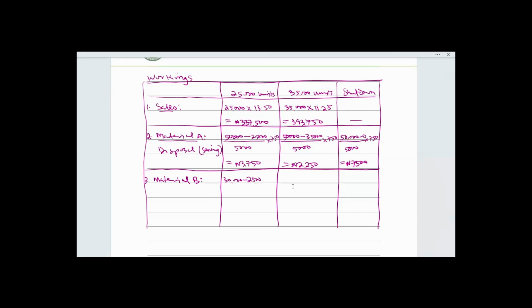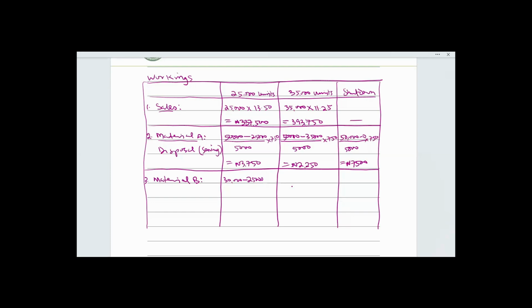Let's go back to the question. Any unused material can be used by another department to substitute. So in this case, for option one, you need 25,000 liters of material B, but you have 30,000 liters, and you only need 25,000.